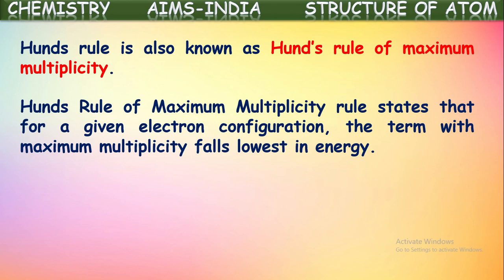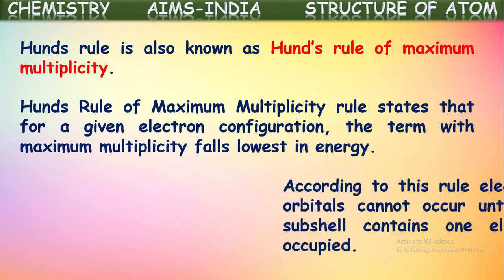That means, simply to say, atoms with a greater number of unpaired electrons will be more stable and hence they will be in the least energy state. That is why atoms will try to attain the maximum number of unpaired electrons. That is why the orbitals present in a subshell will first be occupied by single electrons, and only then will pairing take place.